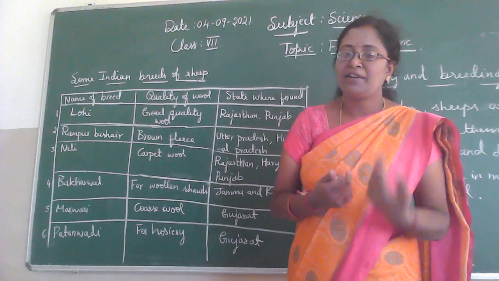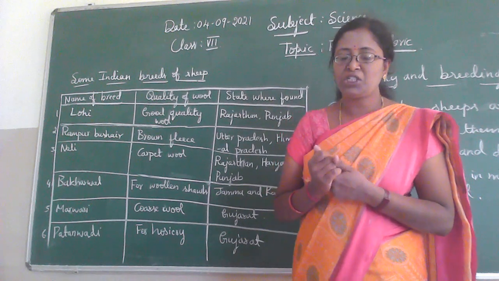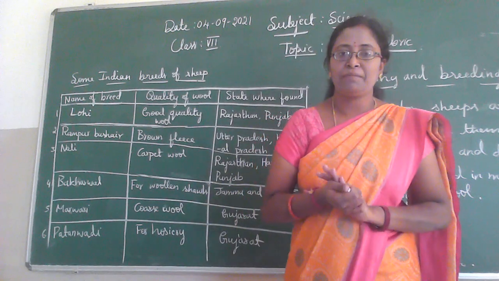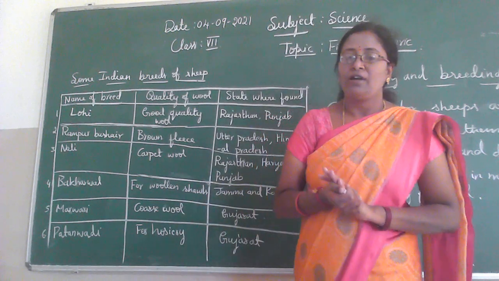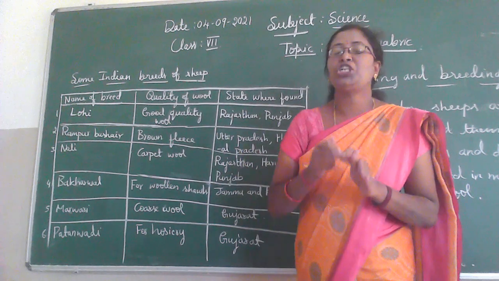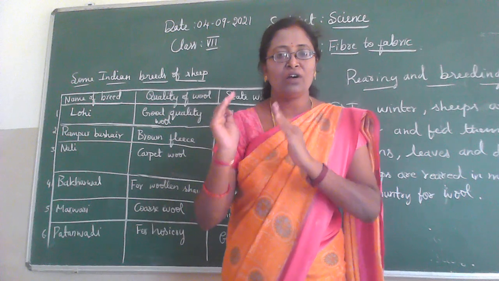Already I have mentioned in the last class about this, is it? These sheep are selectively bred. That means with one parent being a sheep of good breed. So one parent is a good breed.